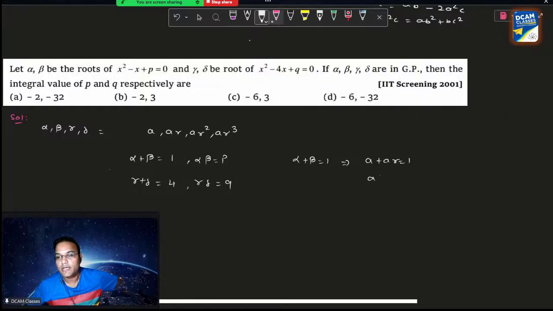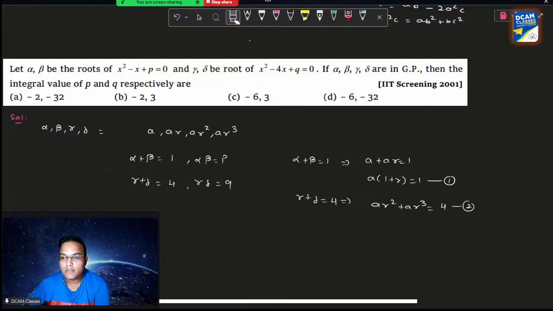That means a into 1 plus r is equal to 1. Let's keep it as the first equation. If you take gamma plus delta, it will be ar square plus ar cube is equal to 4. Now simplify it further: you can take ar square common, into 1 plus r is equal to 4. Let's keep it as the second.